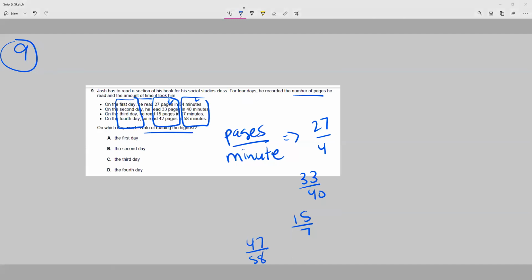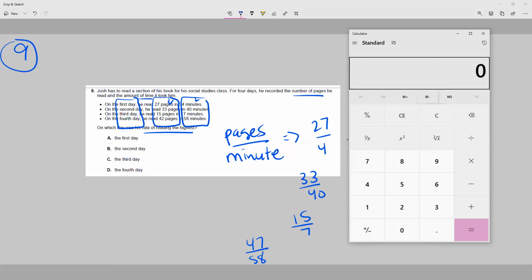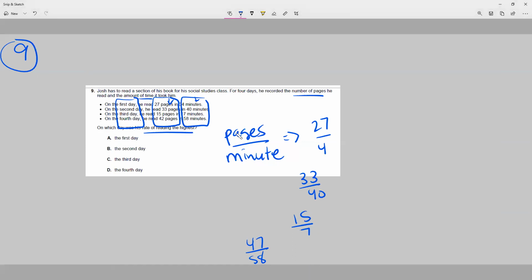So let me pull my calculator back out. Oh, you know what? That's not a 4, that's a 34. That's 34 here, which makes more sense because I was like, 4 minutes? Whoa, the kid was speed reading that day.